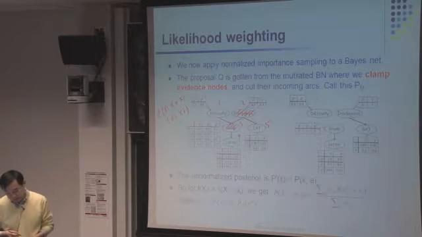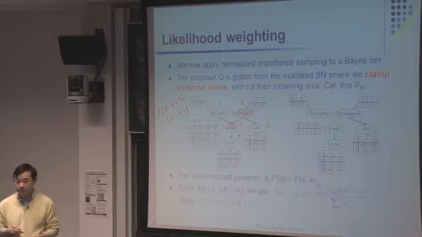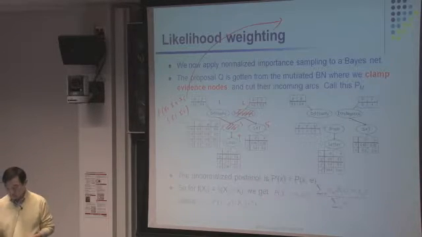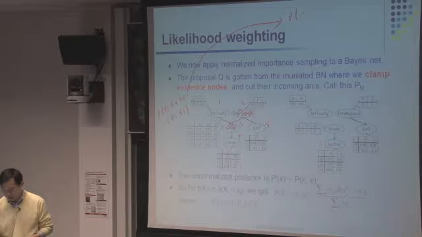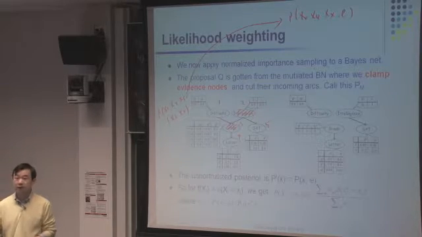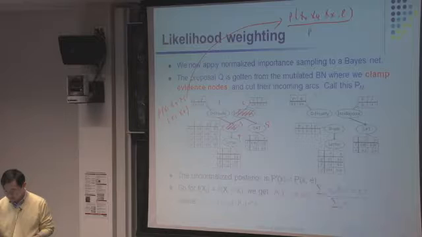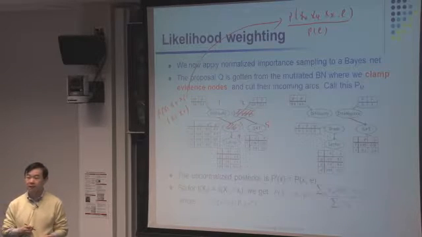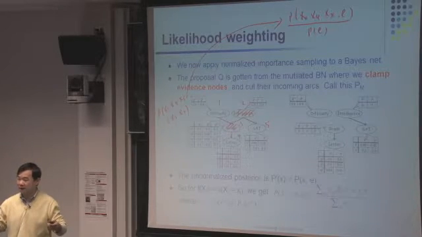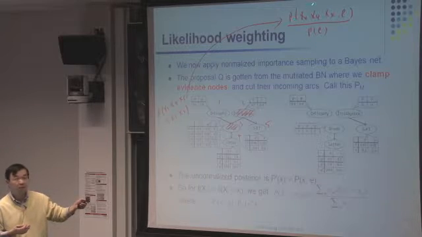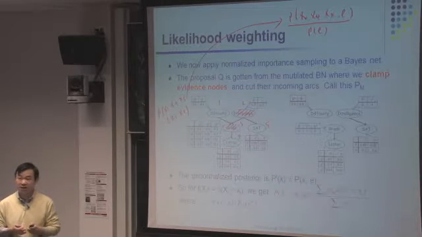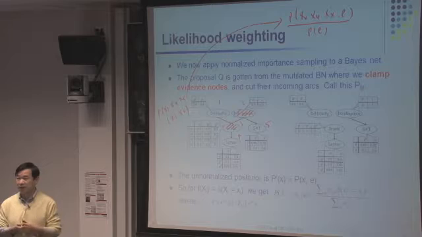And what does this distribution correspond to? This corresponds to a pre-normalized one, which is p of x1, x4, x5 plus some evidence, divided by p of the evidence. So you can already imagine that this resembles a pre-normalized distribution plus the normalization constant, the partition function.